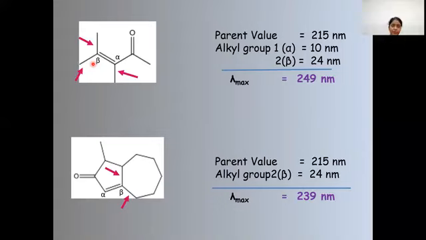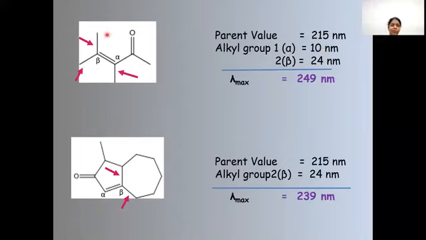Now we have to look at the groups or structural modifications attached to this parent molecule. At alpha position, one alkyl group is present. At beta position, two alkyl groups are present. When the alkyl group is present at alpha position, there is an increment of 10 nanometer.